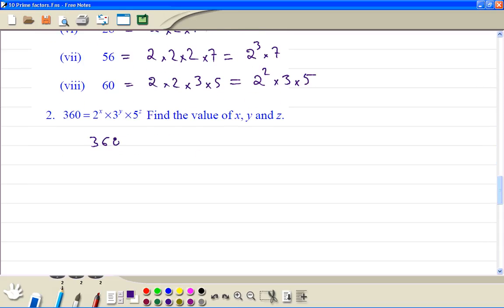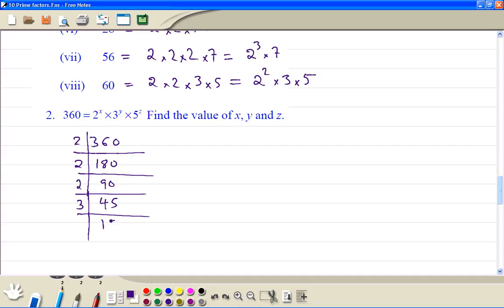360 divided by 2 we get 180. Divide by 2 we get 90. Divide by 2 we get 45. Divide by 3 we get 15. Divide by 3 we get 5.